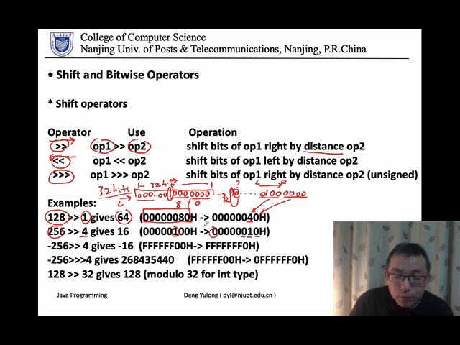Because all the bits shift to the right side, 4 bits from left to right, at the beginning which number will come in? It is still 0 because it's positive. In the complement, it's 0. It's a positive number, so the 0 comes into the highest bit.